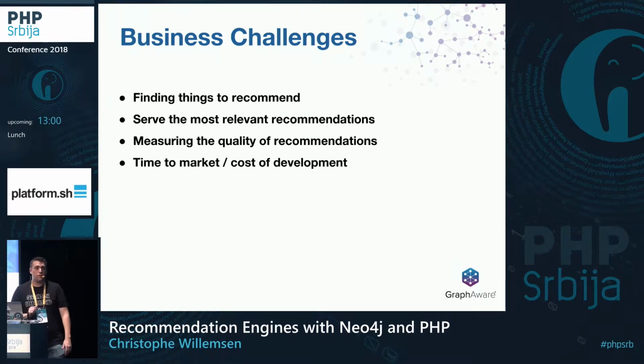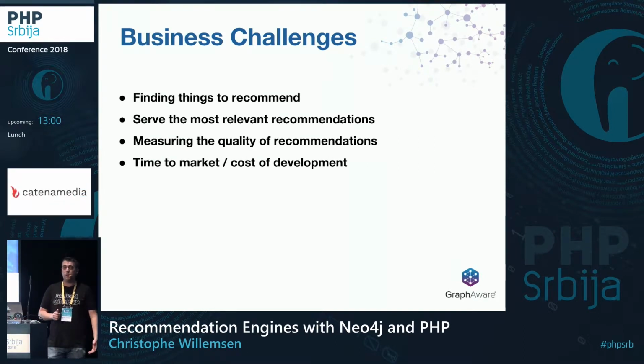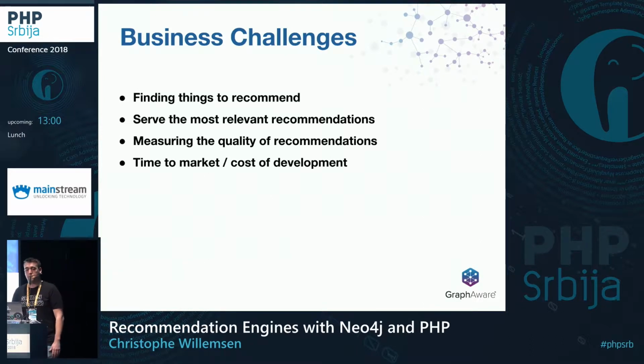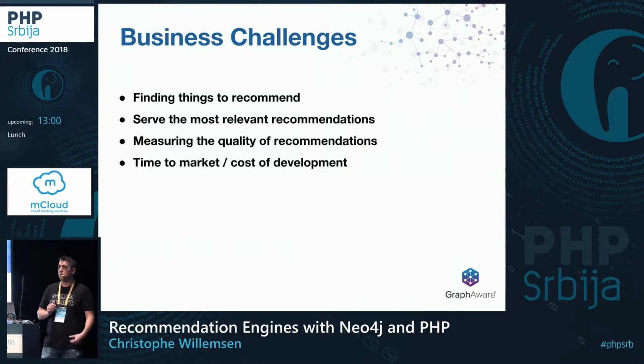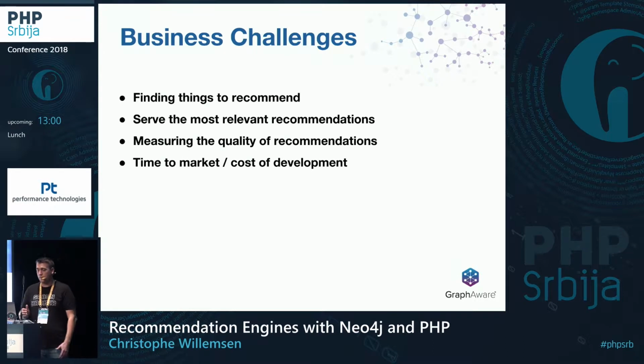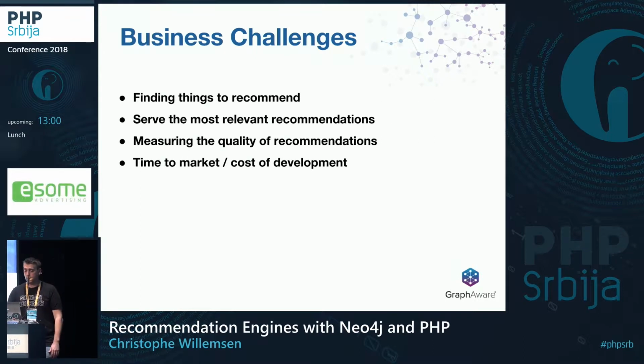The first business challenge as a company is finding things to recommend to the user. The second challenge, which is very important, is serving the most relevant recommendations. The third challenge, which is an additional step that is commonly forgotten, is measuring the quality of recommendations.